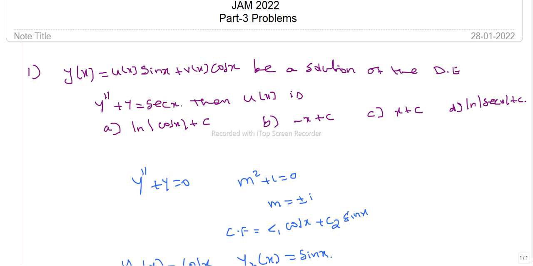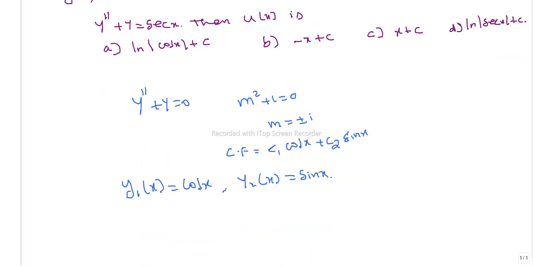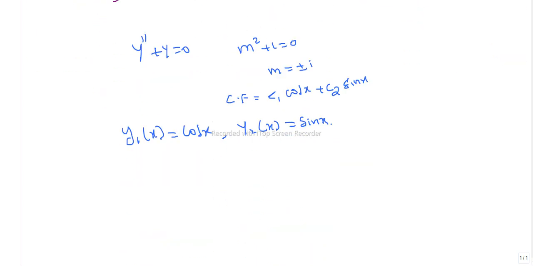Now for the general solution of the given equation y double dash plus y equal to secant x, we already know the formula. We usually write y of x equal to v1 of x into y1 of x plus v2 of x into y2 of x.